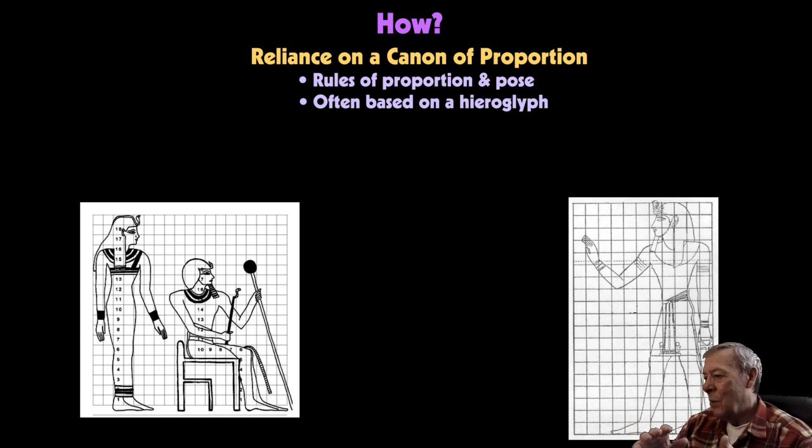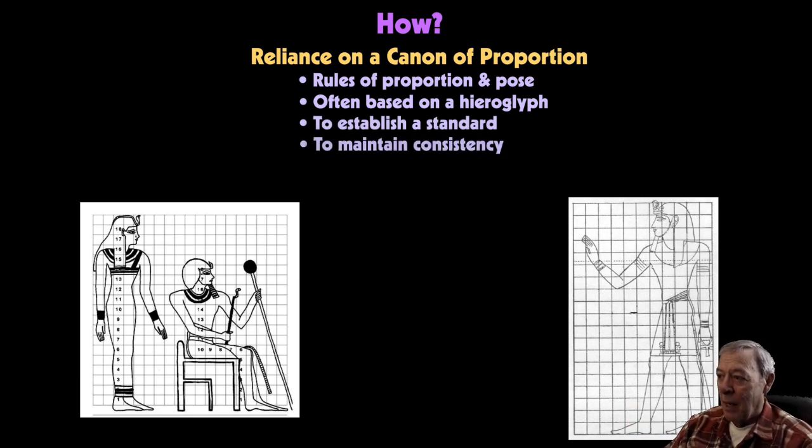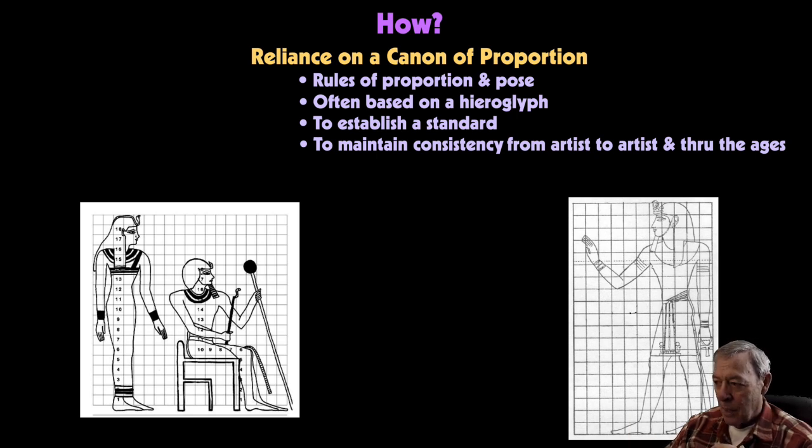But the whole point is to establish a standard that never changes and to maintain the consistency from artist to artist and throughout the ages. Again, the point is to represent the changelessness of eternity, not of earth life. Earth life changes from day to day, from year to year.